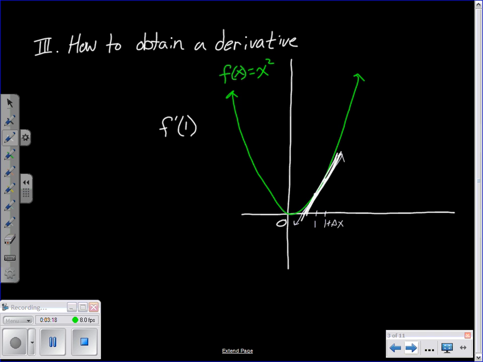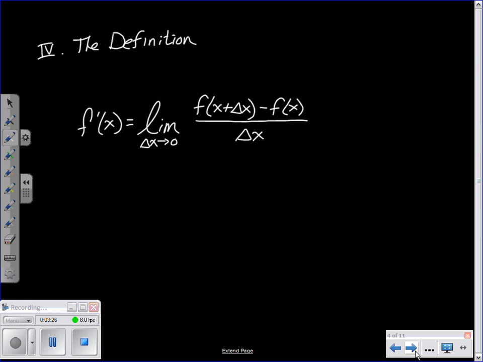So this is how we obtain a derivative. We use a point, x, and then another point, x plus a small change in x. And what it's doing is taking the idea of average rate of change, f of b minus f of a over b minus a, and putting it on a really, really small scale to where a and b and f of a and f of b are so close together that they're indistinguishable.